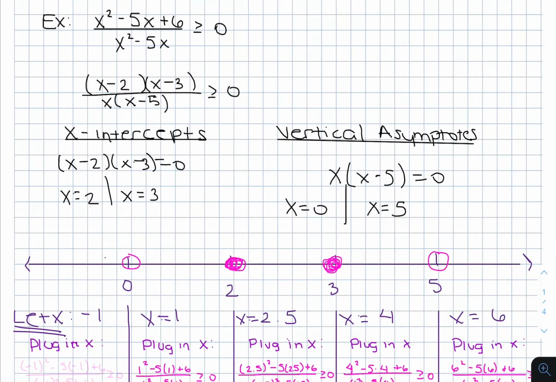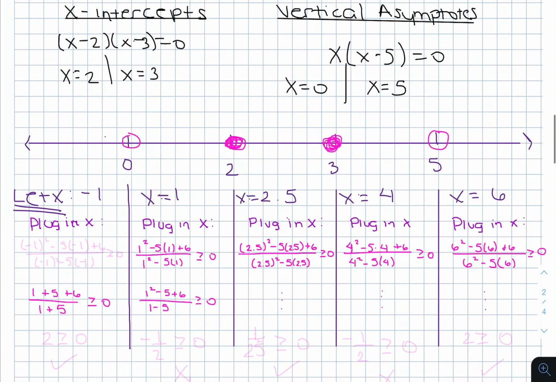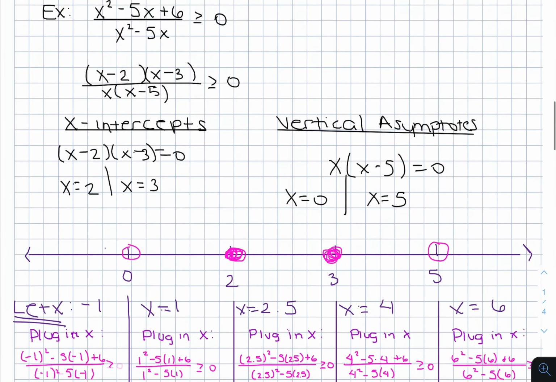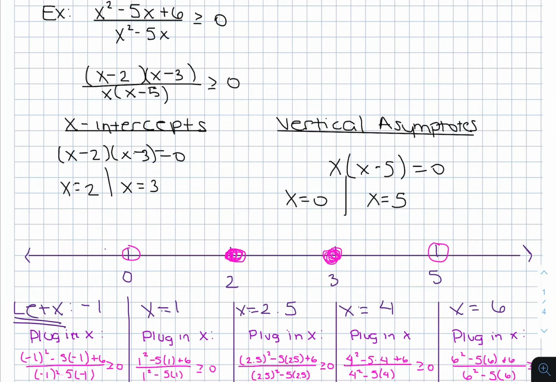So by plugging our x values into the original function, we can see whether or not the intervals are satisfied. So if we plug in -1, so -1 squared minus 5 times -1 plus 6 all over -1 squared minus 5 times -1, we're going to see if that is greater than or equal to 0.